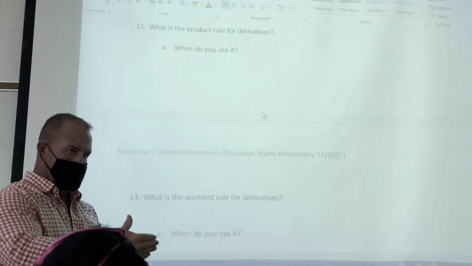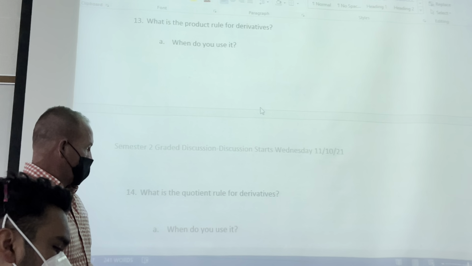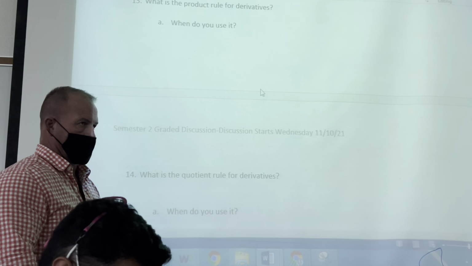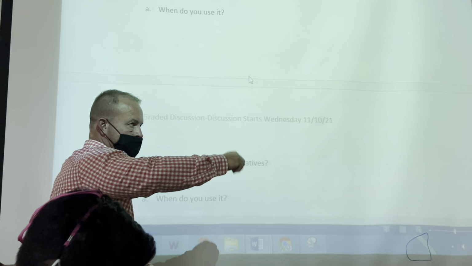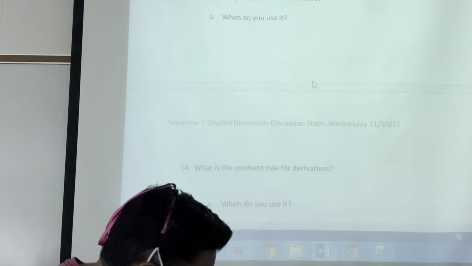Quotient rule, when we have division of two functions and you want to take the derivative of it, you use the quotient rule. So for f over g, the derivative is g times f prime minus f times g prime all over g squared. It's that easy.